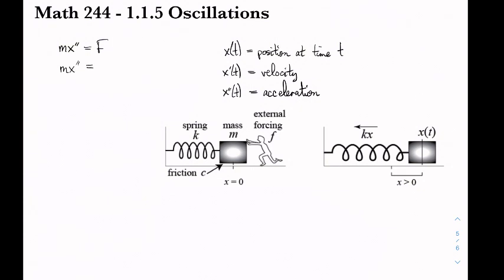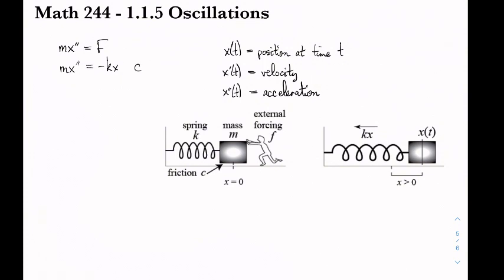Well, we have the restorative force, k times x, coming from the spring, pushing back towards equilibrium. It's in the opposite direction of motion, so it comes with a minus sign. Then we also have the drag force from the coefficient of friction, which is proportional to velocity.